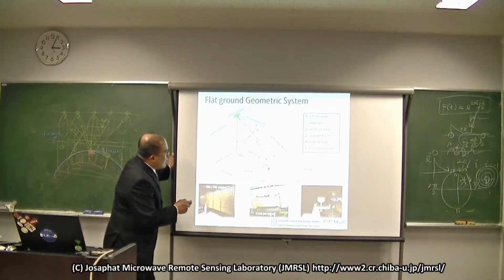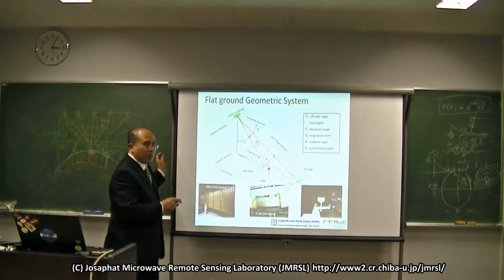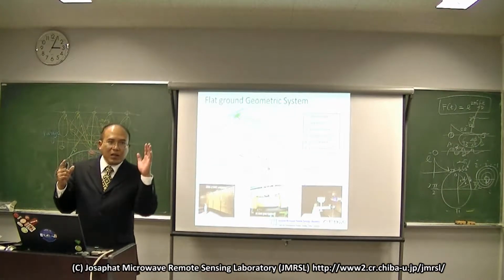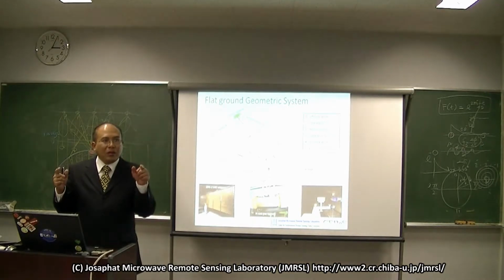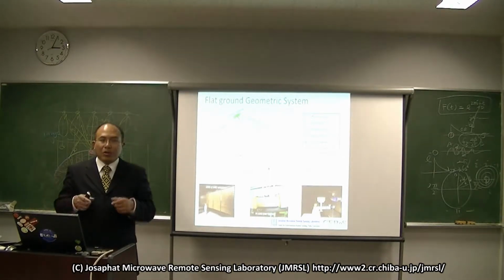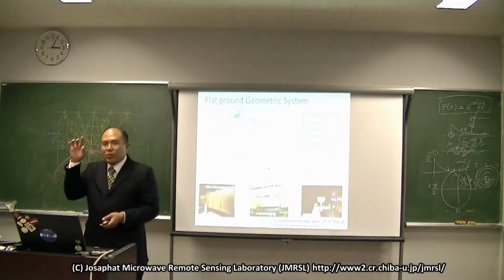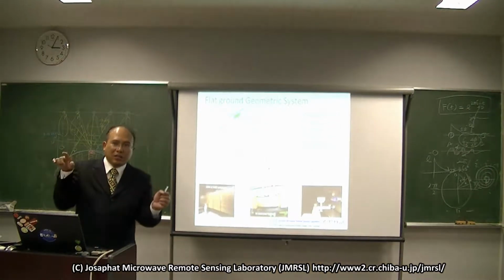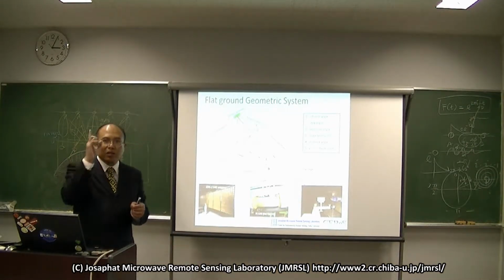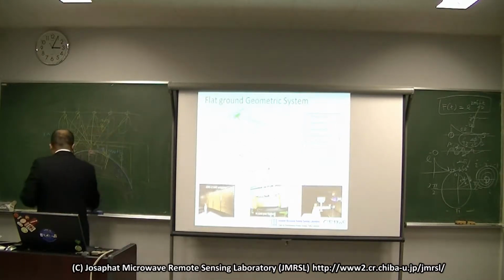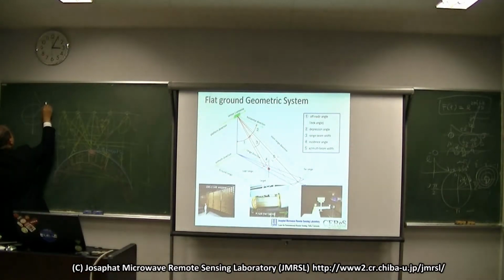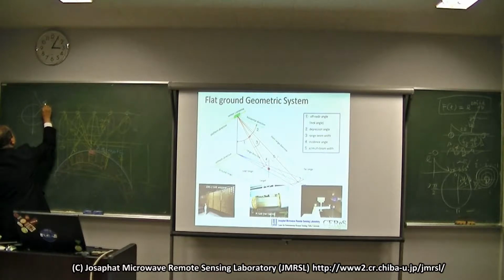And then this angle is the incident angle. For the UAV, incident angle and off-nadir angle are almost the same. But for the satellite it's different, because it's very high, for example 600 kilometers, and we must consider from the center of our Earth. So the incident angle and the look angle are different. For example, our Earth: this angle is the incident angle, and this look angle is different.